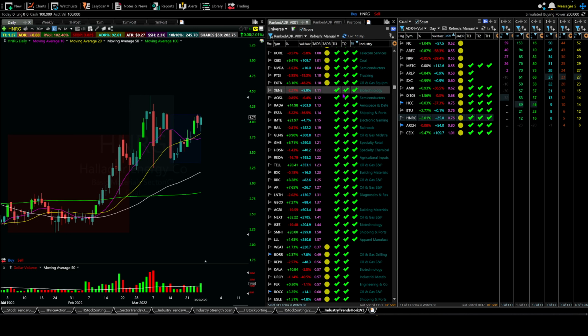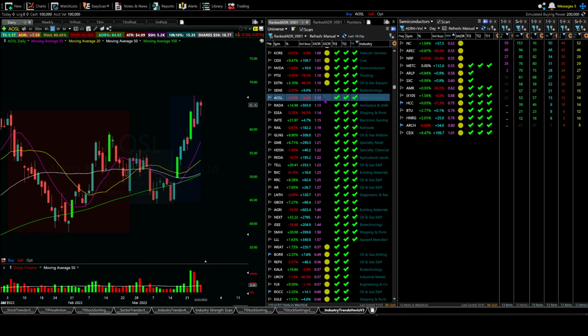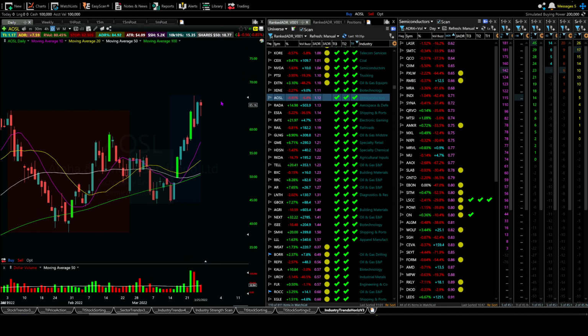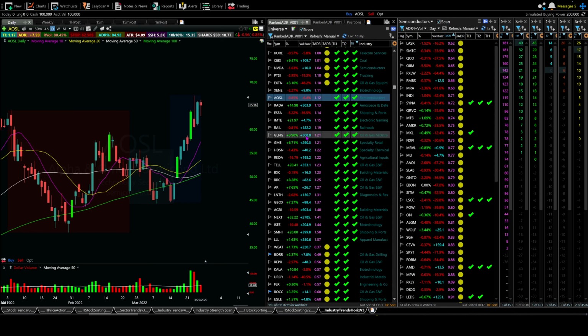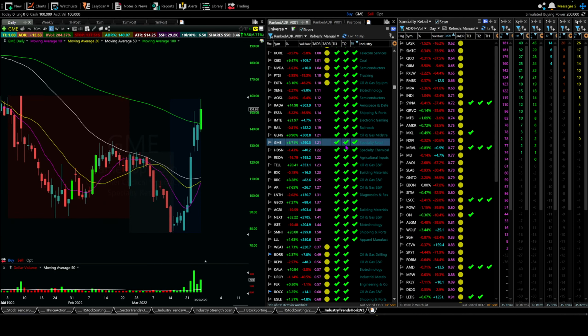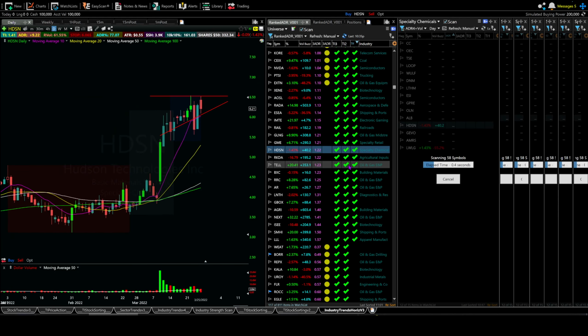And then when I scroll down enough, you can see, okay, well, this is top percentile trend intensity criteria, but we couldn't meet its higher ADR. So you can see, for example, this one, AOSL. It's got more of a range expansion type of ADR, but it is still top percentile trend intensity, right?